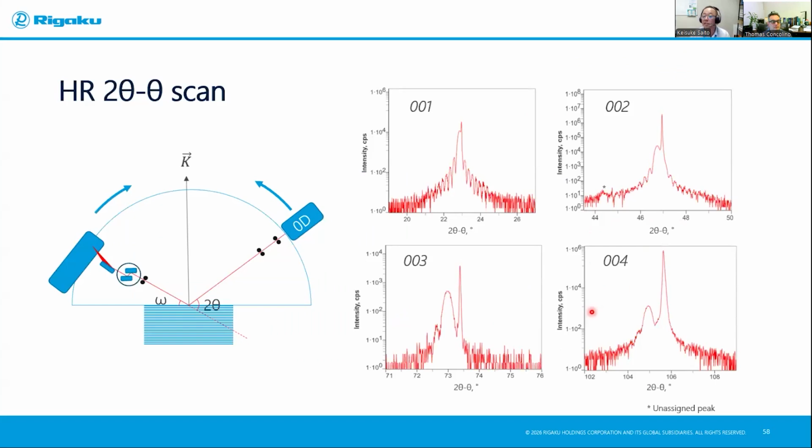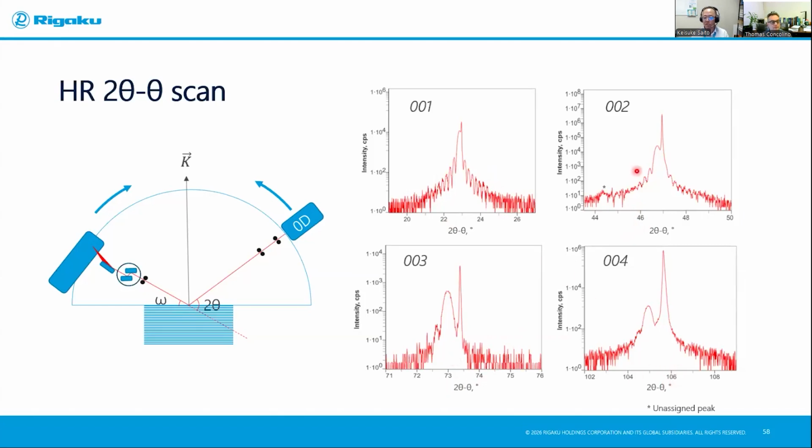So again, let's start from the surface perpendicular theta theta scan. I used an incident monochromator, and the 00L direction was scanned: 001, 2, 3, 4 diffractions, with 2 theta getting higher, around 22, 46, 73, and 105, right?